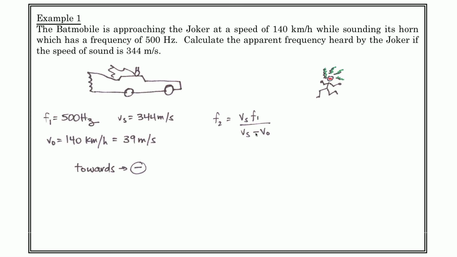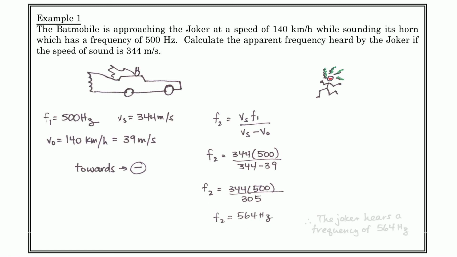We can sub our numbers in, and what we should get is a frequency that is higher, because as we're moving towards an object, the frequency is going to increase, and in fact it does. Our apparent frequency that the Joker hears is 564 hertz, which is higher than the natural frequency of the Batmobile's horn.